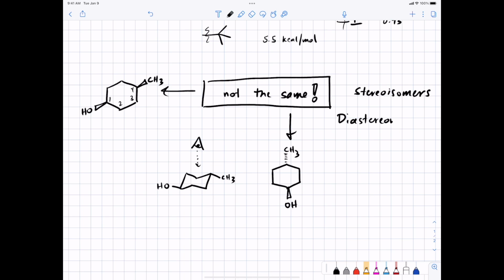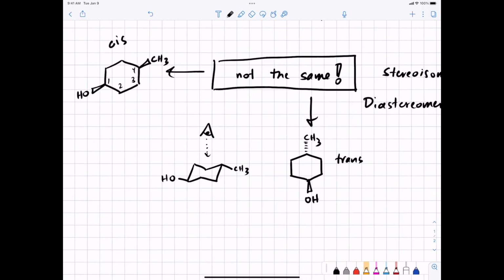We'll talk about that a little bit later. And it would be fine to talk about this one as trans. The OH and the CH3 are trans to each other across the ring, and this one is cis. All right, the message is, when drawing chair conformations, first worry about drawing the right molecule, and then worry about which conformation is more stable.